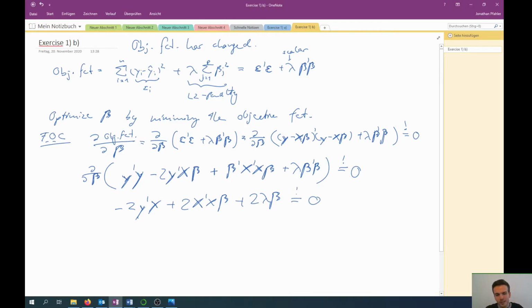Okay, now we know again that x transpose x is invertible. So let's restructure this.